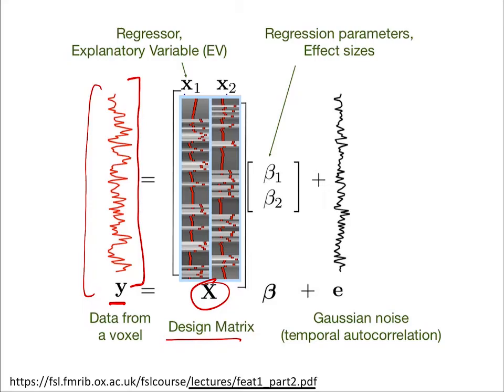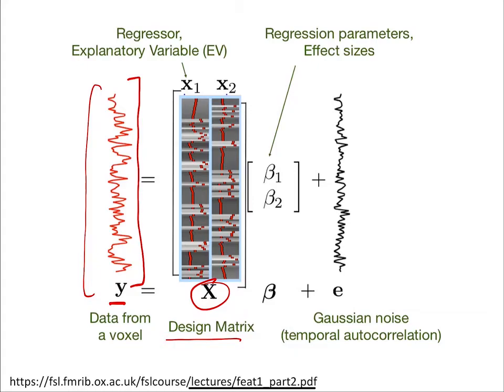This is actually most of the software, I believe all the software, FSL, AFNI, even SPM, they typically will display the matrix as this black and white image, where you see the on or off. You'll see that a lot in all fMRI software, where it's just showing you in graphic form what that matrix looks like.